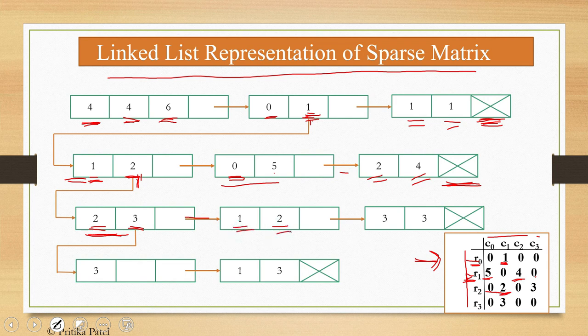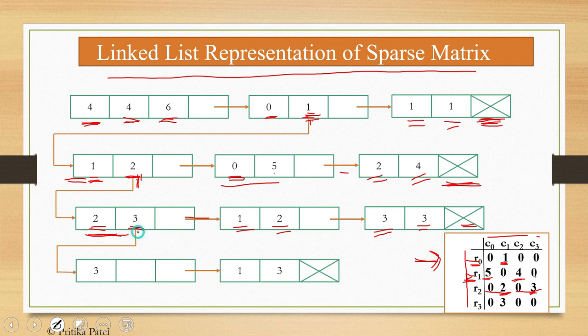Again, are there any other non-zero elements? Yes, 3 is also a non-zero element. So it points to the next column node, column number 3, which has element 3. Now there is no other element, so it ends with null.